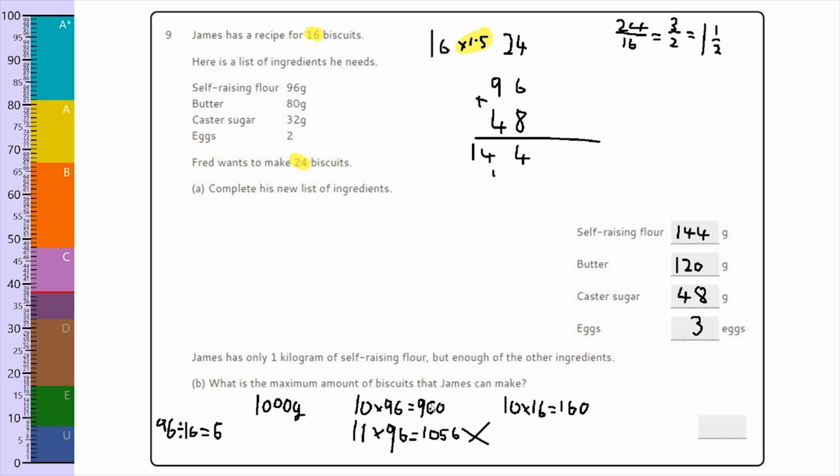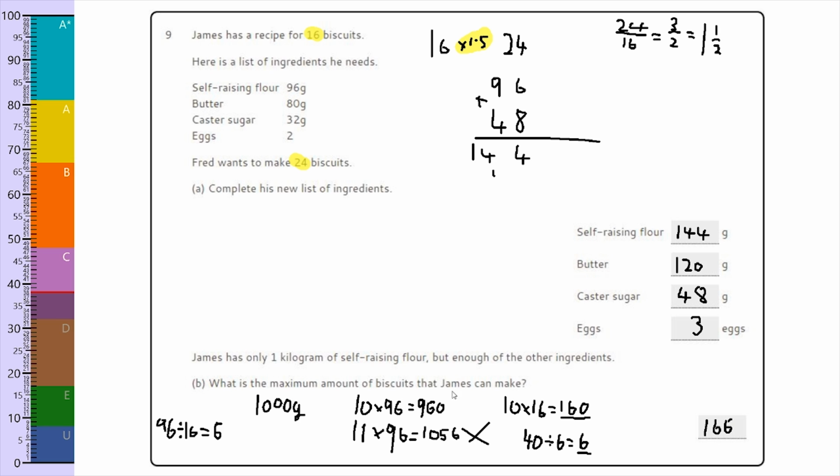And there are 40 left here. So 40 divided by 6. I know 6 sixes are 36, and 7 sixes are 42, so that's going to leave 4 left. So it's going to be the 160 here, plus with that little smidgen left, he can make another 6. So it's going to be 166.